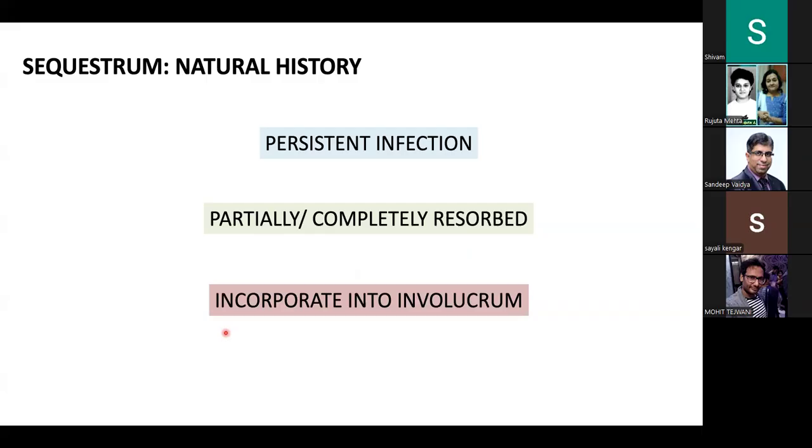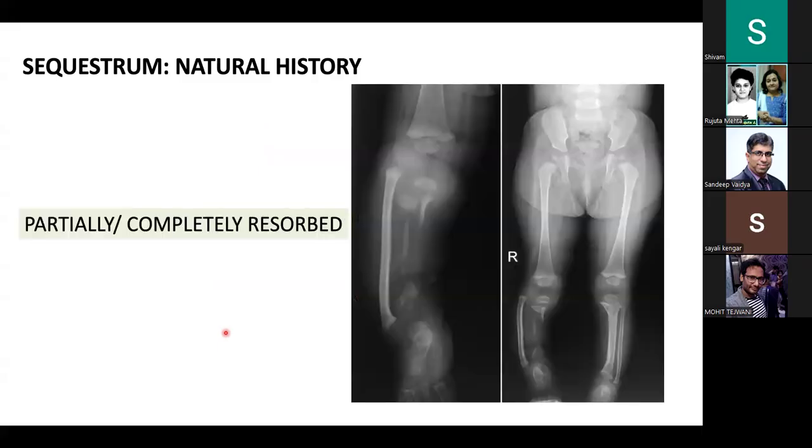But we may occasionally also see scenarios where the sequestrum is either partially or completely resolved as a result of the action taken by the host immune system, or you may even have situations where the sequestrum gets gradually revascularized and incorporated into the involucrum. So these are the rare situations where removal of the sequestrum is not needed. But the partially or completely resolved sequestrum, which can lead to resorption, can lead to structural instability, and here is an example of this.